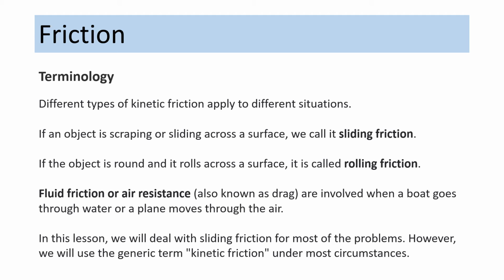Fluid friction or air resistance, also known as drag, are involved when a boat goes through water or a plane moves through the air. In this lesson, we will deal mostly with sliding friction for most of our problems. However, we will use the generic term kinetic friction under most circumstances.